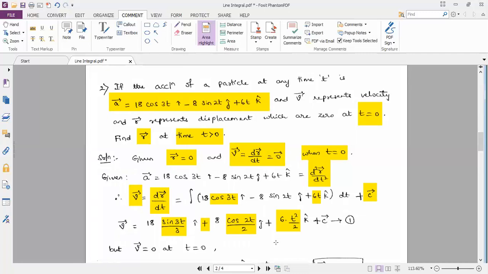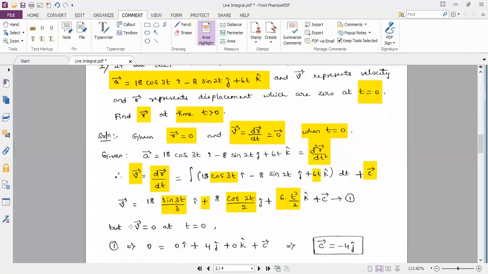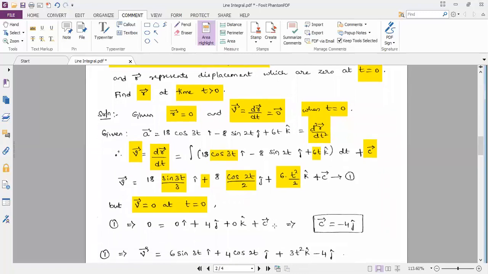Now we apply the condition given for us. The condition is velocity v is equal to 0 at t equal to 0. Imposing this condition on equation 1, we obtain the constant c as minus 4j. Recalling the standard values, sine 3t, so sine 0 is 0 when t is 0, cos 0 is 1, and t is 0, so 6 into 0 square, the k component will also be 0.